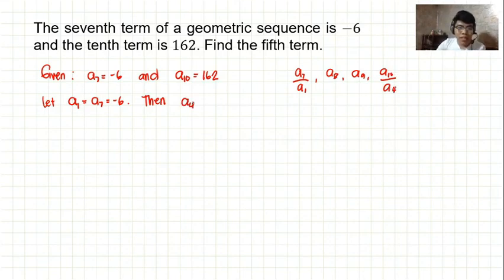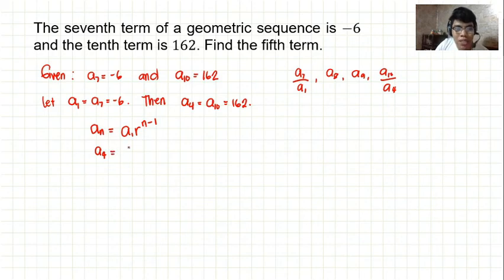So we have a sub 4 equal to a sub 10, which is 162. Now the formula for a geometric sequence is a sub n equal to a sub 1 r to the n minus 1, right? So a sub 4 is just a sub 1 r to the 4 minus 1.